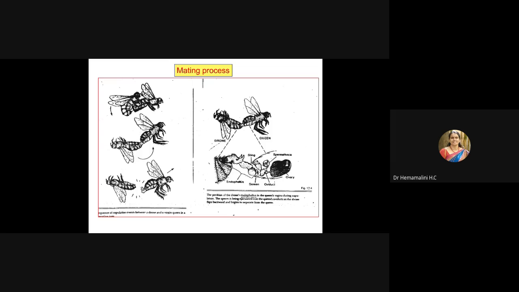After mating, the drone, that is the male bee, dies, and the queen receives the semen from the drone and stores it in the spermatheca of the female abdomen, that is the queen abdomen.